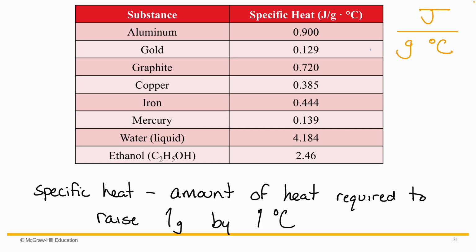So these values that are listed here are the amount of energy you got to put in to raise 1 gram of that substance by 1 degree Celsius. We can see that it's different depending on what substance we're talking about.